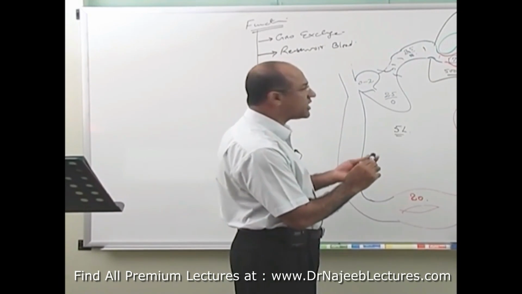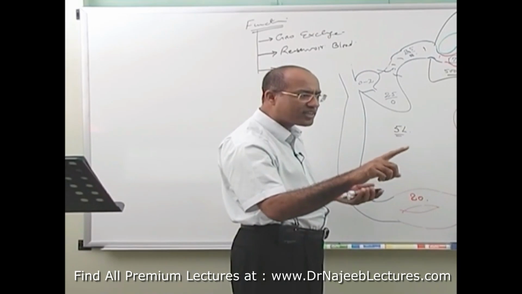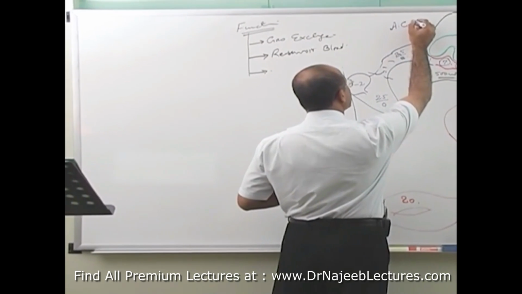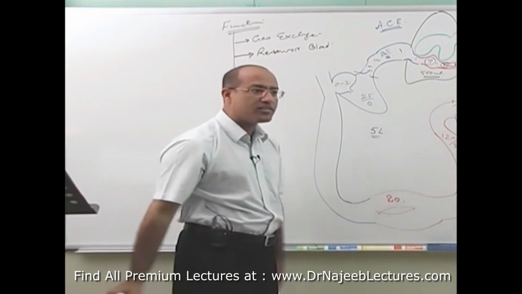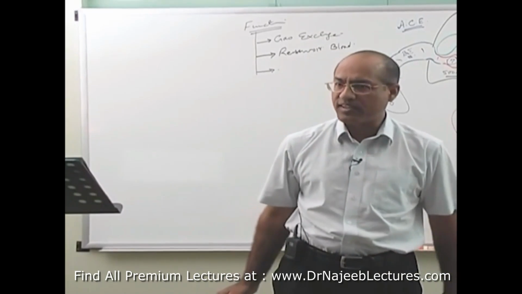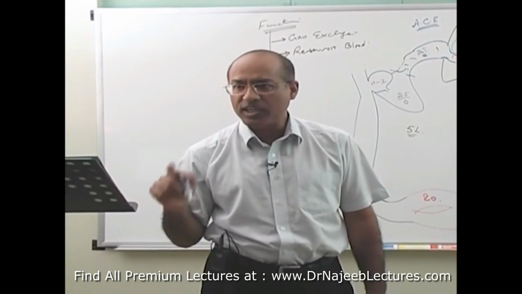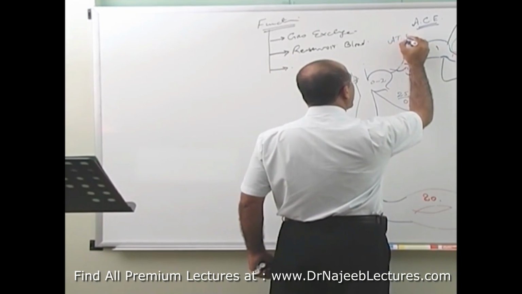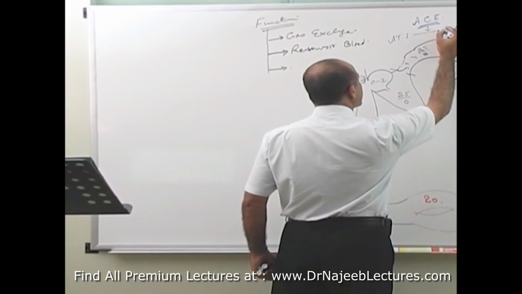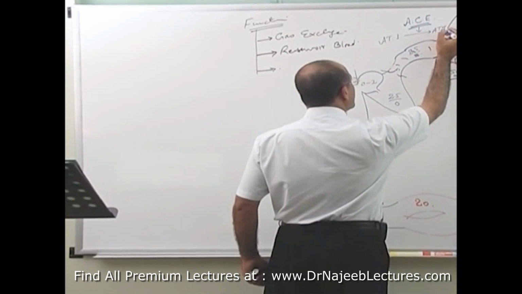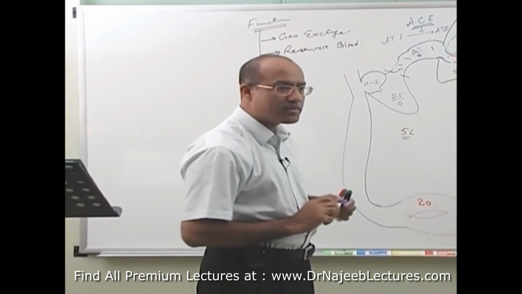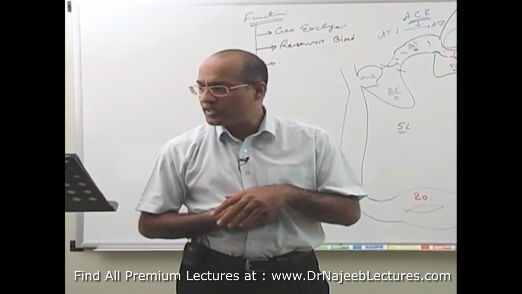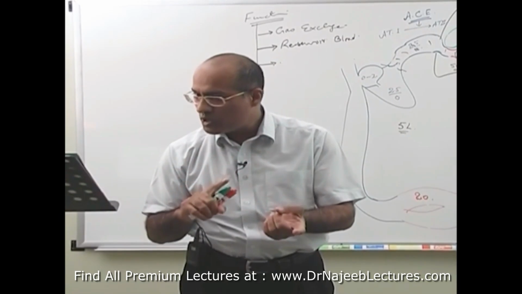So in pulmonary circulation, all of you must be knowing, in the lungs there is an enzyme called angiotensin converting enzyme, which can convert a substance called angiotensin 1 into angiotensin 2.